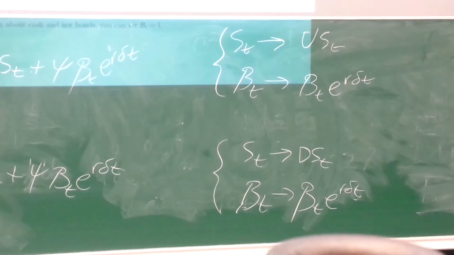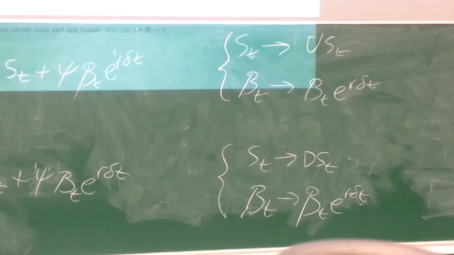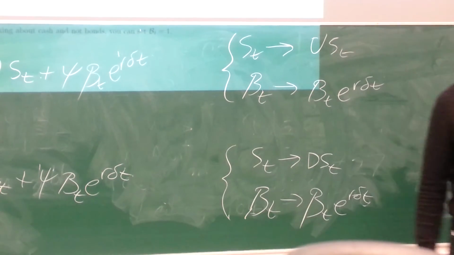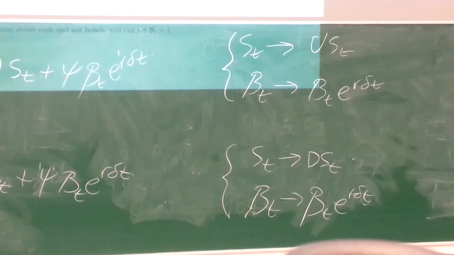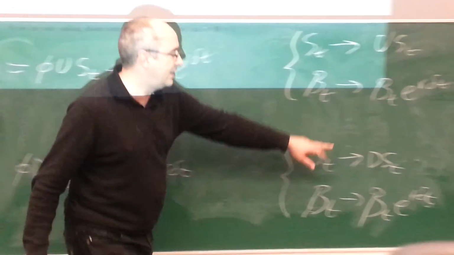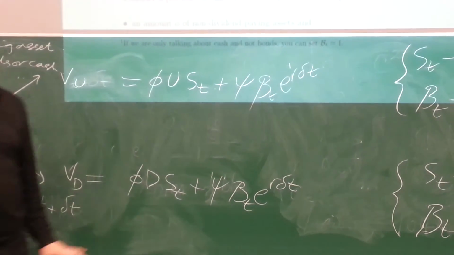The bonds just drift up anyway, or the cash in the bank will just drift up, or if that's a debt, if psi is negative, it means I borrowed the money, so the debt will just increase like e to the r delta t. The share price is the thing that changes. It either rises to uS_t or falls to dS_t, which then changes the values of the up and the down.